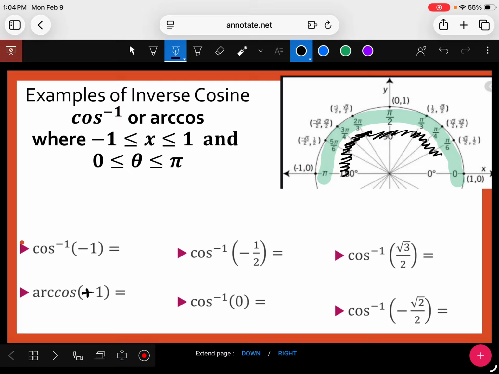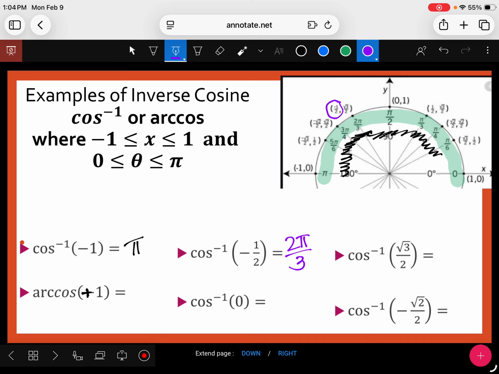Okay, so pi, because this angle right here, remember cosine is x, so x is -1 when the angle is pi, so that would be my answer. Where is cosine -1/2? Well, -1/2, that's right here, and that's 2 pi over 3.